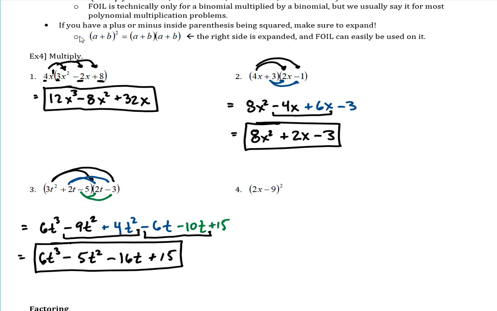Okay, so that's how we can break these ones down. So again, just take your time with it. It's usually just a couple steps. All right, our last scenario is if you have something squared, but there's a plus or minus inside.